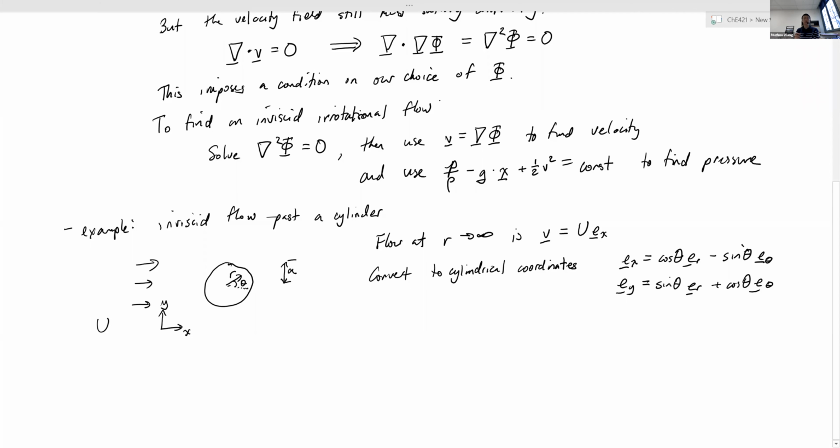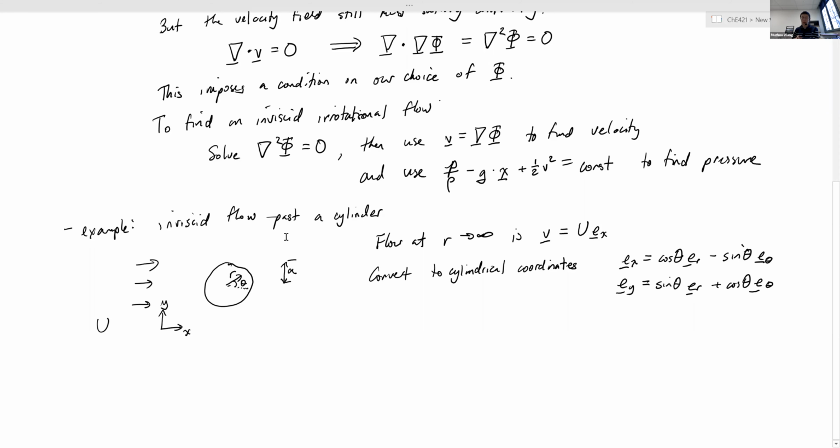To remind you, in cylindrical coordinates, e_r and e_theta are basically in directions of increasing r and theta, right? And those aren't necessarily constant. They depend on where you actually are in the problem, right? If we're over here, for instance, like in this point where my mouse is, then e_r is going to point in this direction, farther away from the origin, and then e_theta is going to point in this direction.